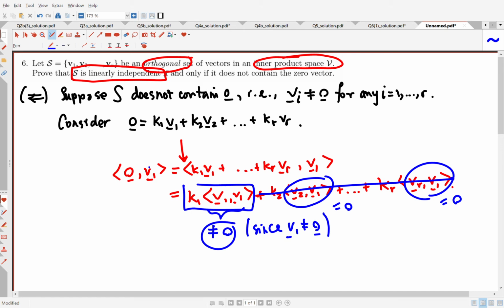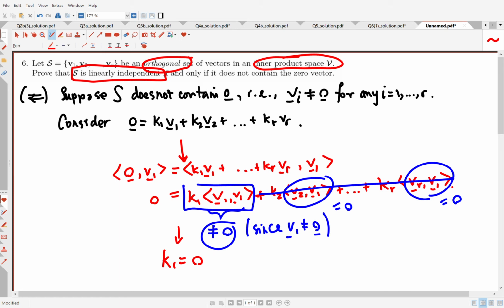What is this? The inner product of 0 and v1 must be 0. So we have 0 equals k1 times the inner product of v1 and v1. And this inner product of v1 and v1 is not 0, so this implies I must have k1 to be 0.